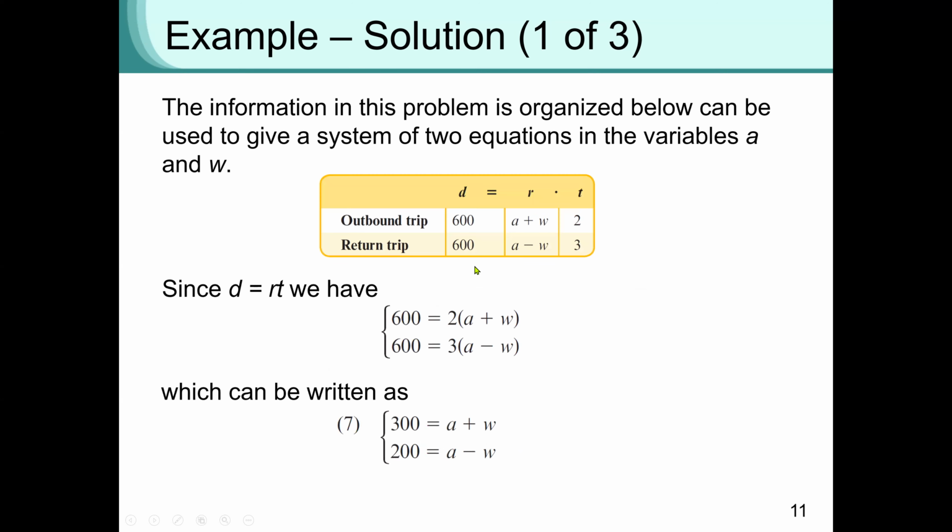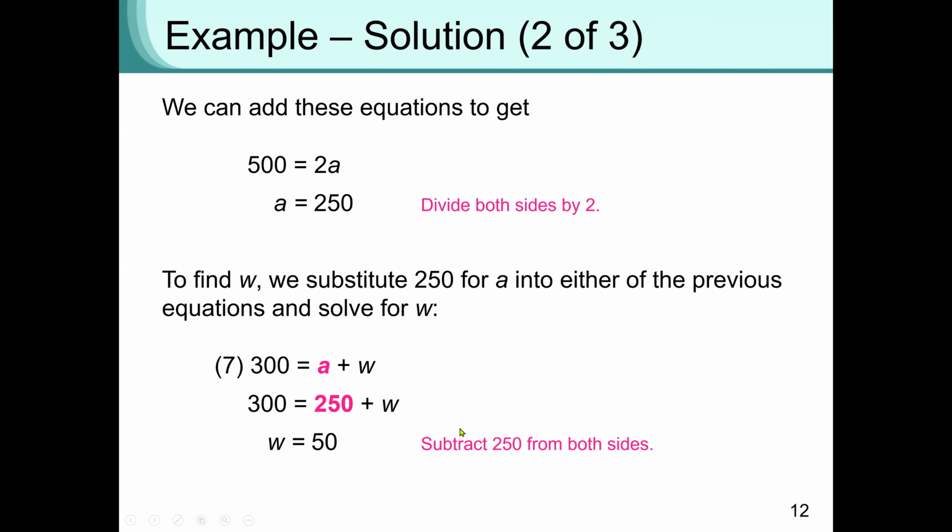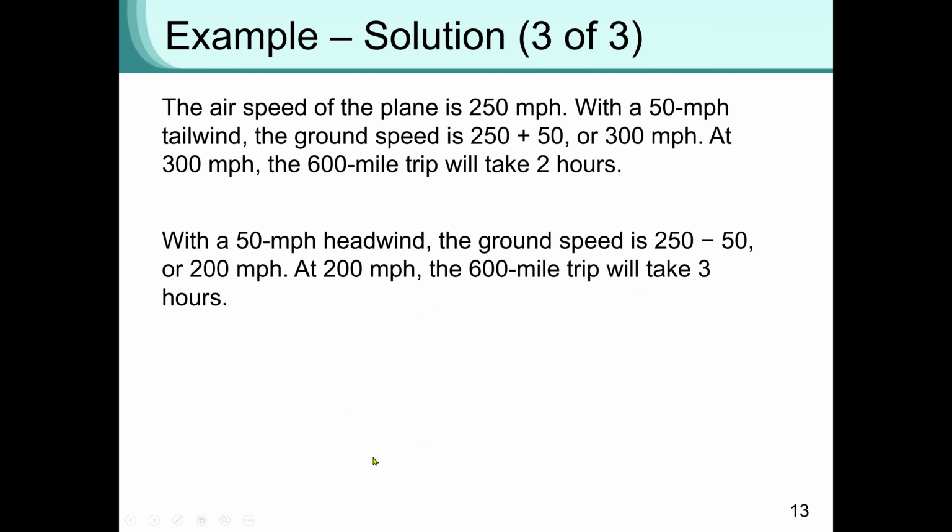Now I can use the substitution. Take any of these two equations, substitute the value of A and find W. So we decided to take the first, 300 equals A plus W. A is 250, so W will give us 50. Now here we say that the air speed of the plane is 250 miles per hour with a 50 miles per hour tailwind.